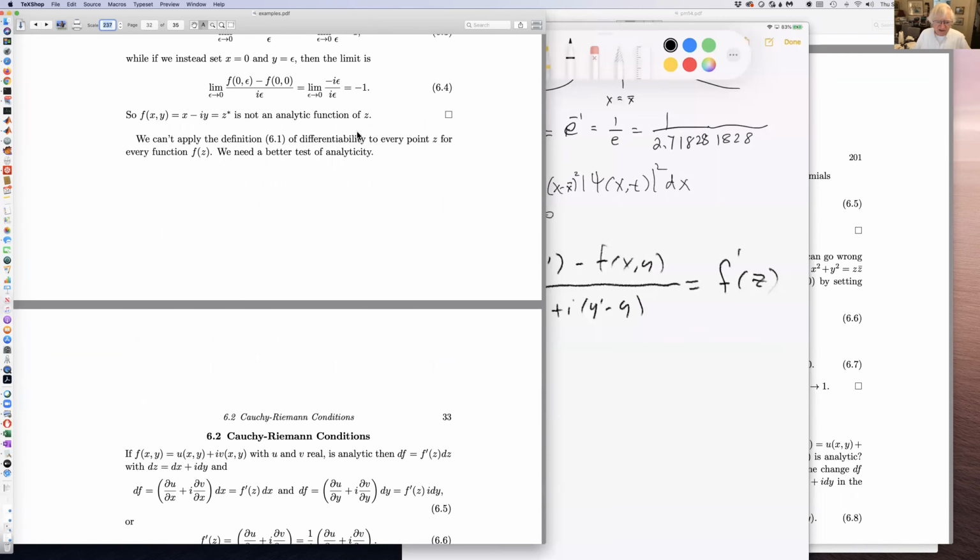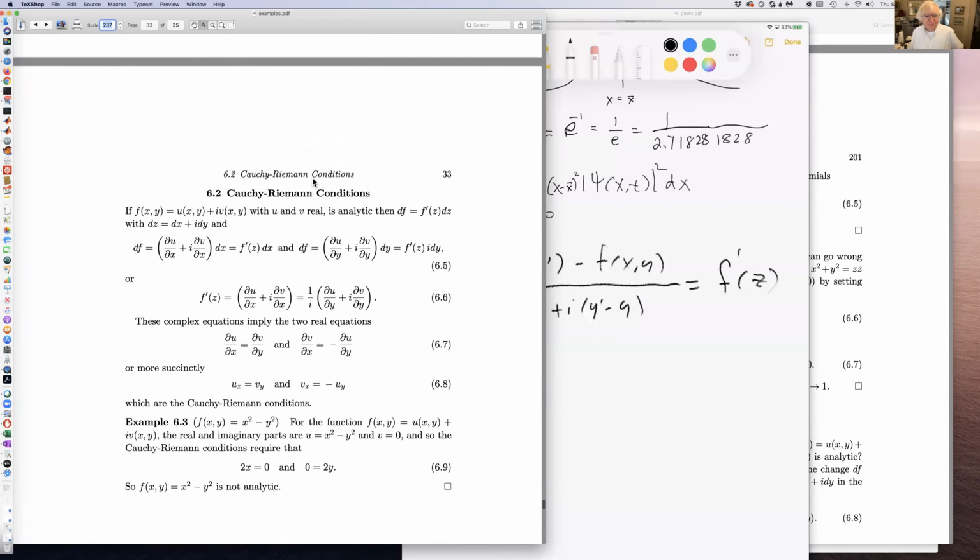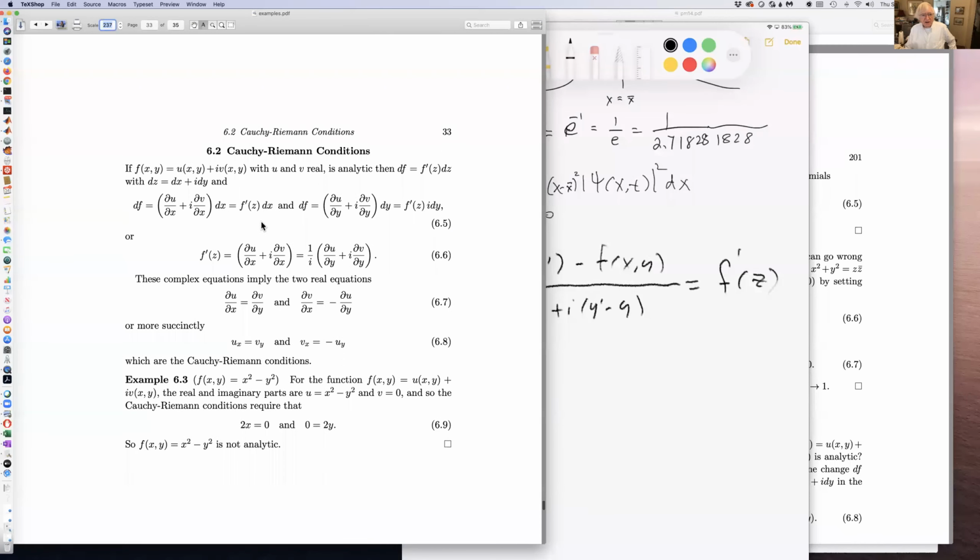We can't apply this definition of differentiability at every point. That would be hopelessly tedious. So what we have are the Cauchy-Riemann conditions. These are that df is f prime of z dx, but it's also f prime of z i dy.